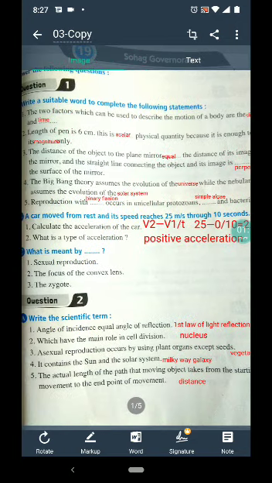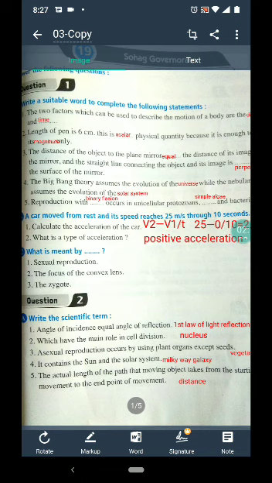B. A car moved from rest and its speed reached 25 meters per second through 10 seconds. Calculate the acceleration of the car. What is the type of acceleration? To calculate the acceleration, we should have V1 and V2, V final and V initial. A car moved from rest, so V1 equals 0.